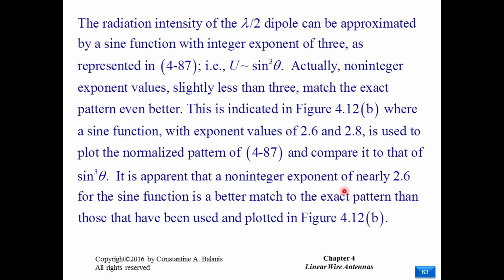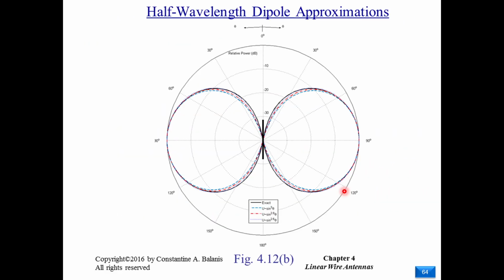As we're going to see here, the H-shaped black one is the exact, and we have 3 different approximations: sine cubed, sine to the power 2.8, and sine to the power 2.6. We can see that sine to the power 2.6 is the closest, but the 3 approximations are acceptable from an engineering perspective.